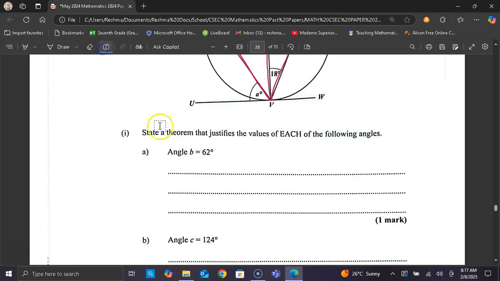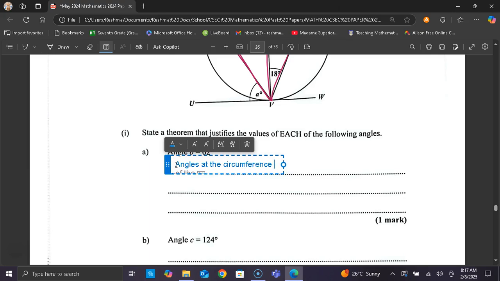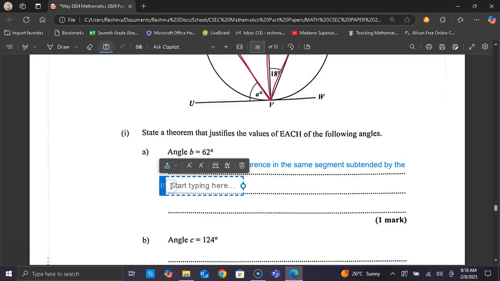So I'm going to type out my theorem. Angles at the circumference in the same segment subtended by the same chord, and I'm going to name my chord ZV, are equal.